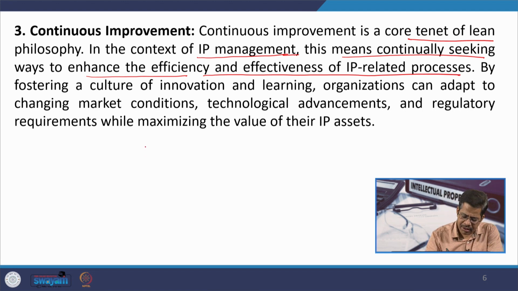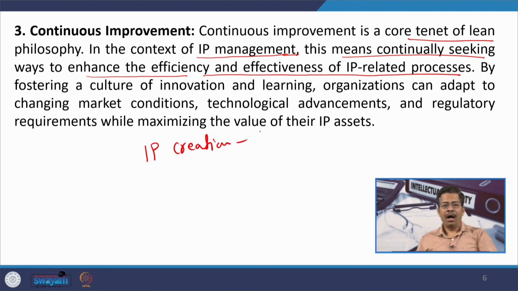For example, continuous improvement in IP creation activities. How our organization has become more innovative, that is one way of understanding continuous improvement.